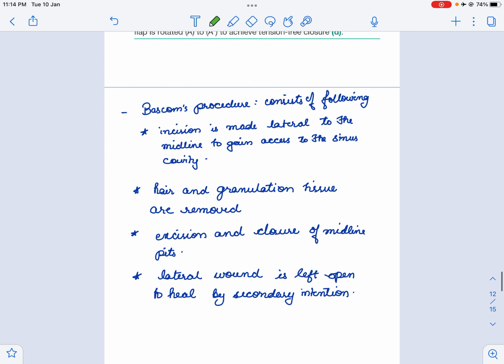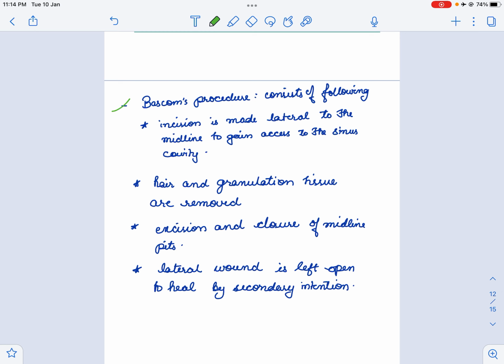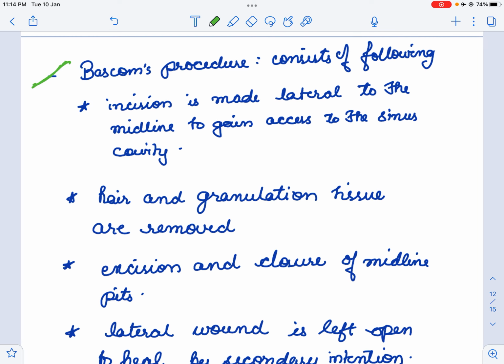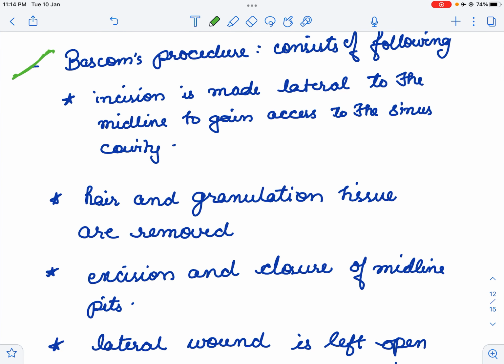Next, we have something called a Bascom's procedure. In a Bascom's procedure, you first make an incision lateral to the midline. This gives you access to the sinus cavity. Once you gain access, you remove the hair and the granulation tissue.